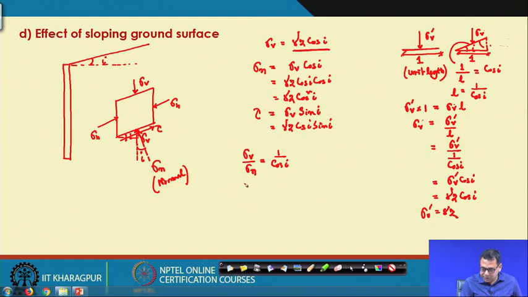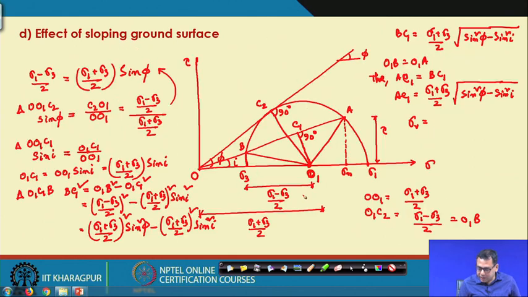Okay. Or I can write that cos I is equal to sigma n divided by sigma v. So, now if you look at this one, this is sigma n and this is the I. So, definitely OA will be the sigma v.